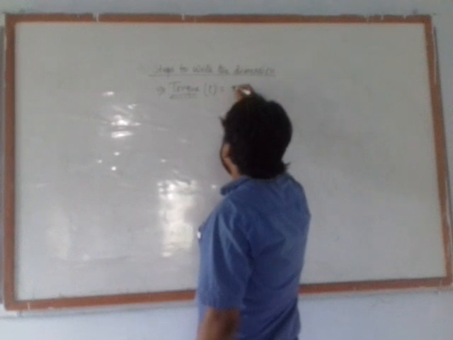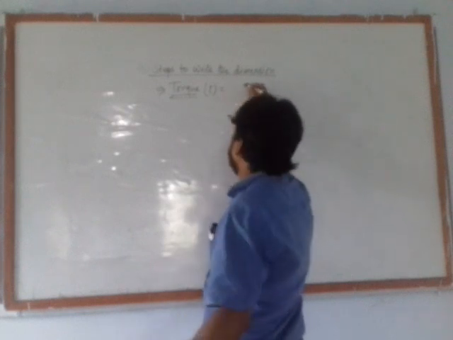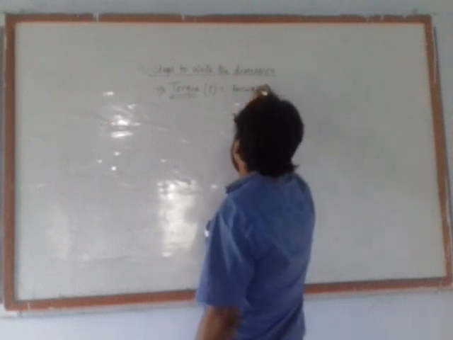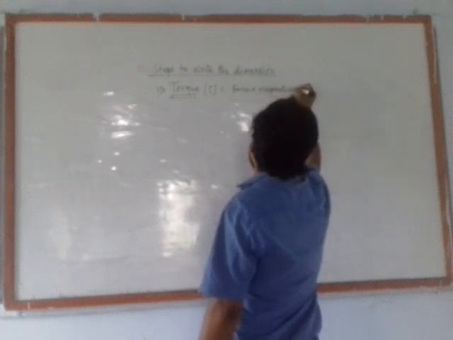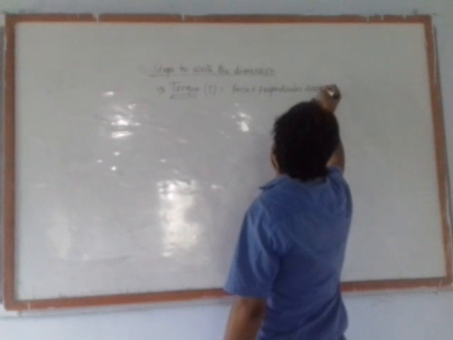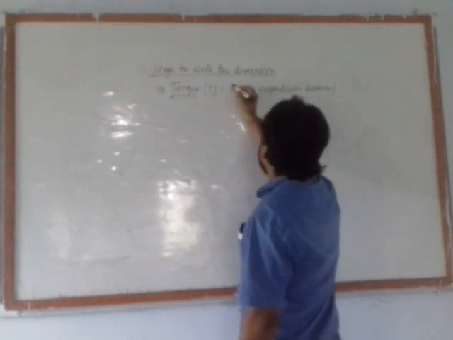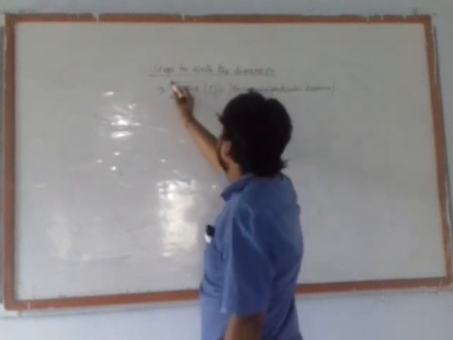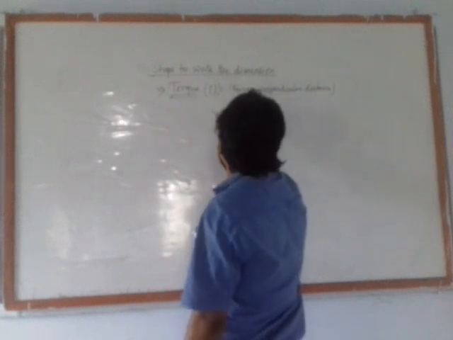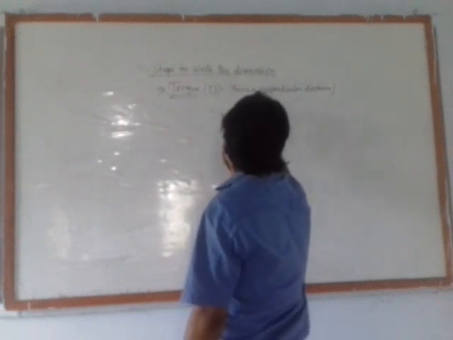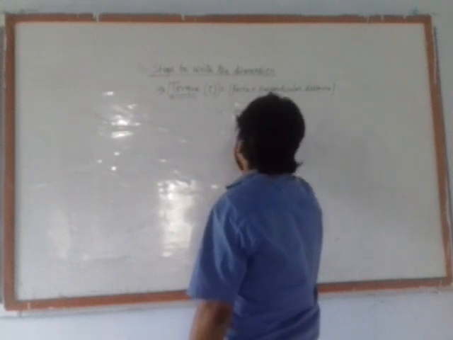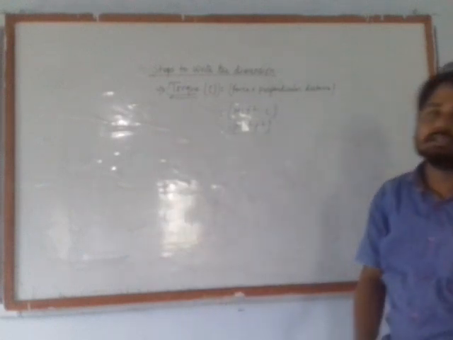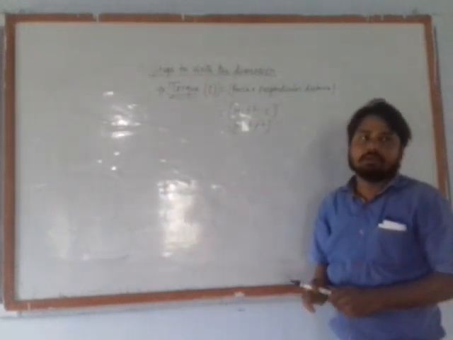Torque we generally write as force into perpendicular distance. Now students, I use the dimensions directly. Force is M L T to the power minus 2, perpendicular distance is L. So it will be M L square T to the power minus 2. This way we can represent the dimension of any physical quantity.